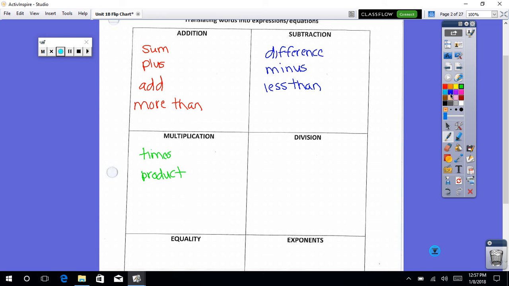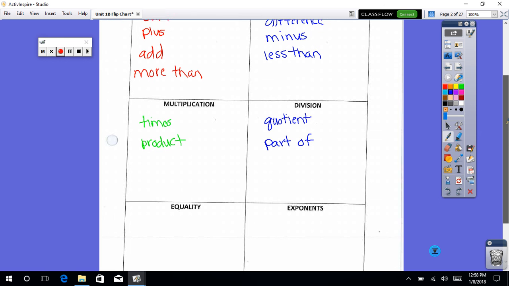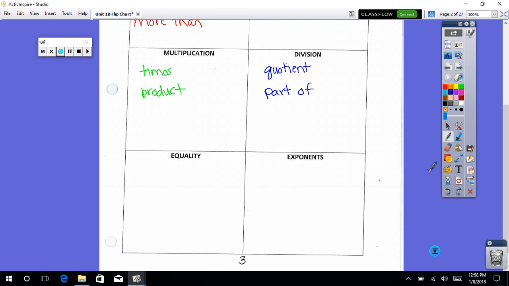okay, for division, we have things like, let's see, quotient, part of, sometimes you'll hear part of, okay, for equality, we're talking about just simple things, equals, is.